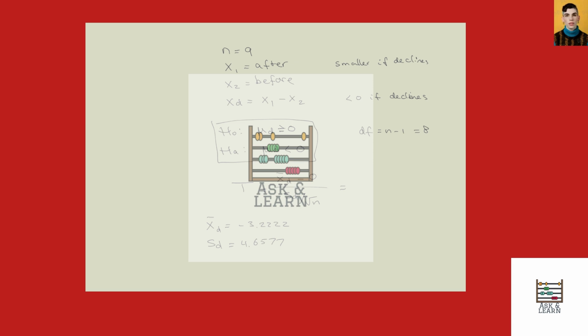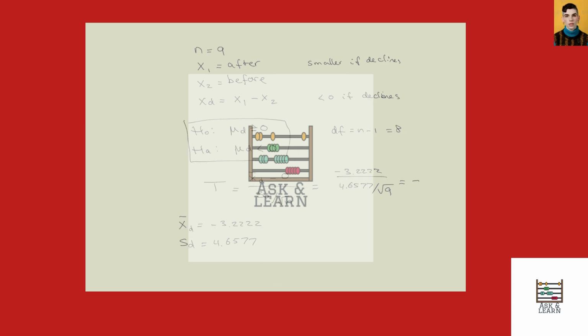So the test statistic then is going to be negative 3.2222 over 4.6577 divided by the square root of 9, and that is equal to negative 3.222 divided by 4.6577, and that is equal to negative 2.075. So our test statistic is this right here.